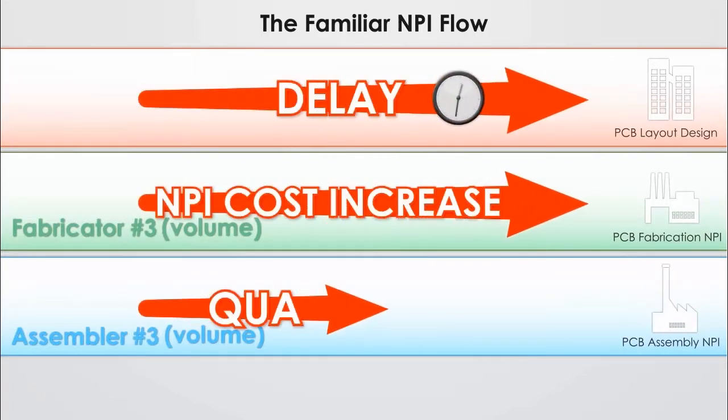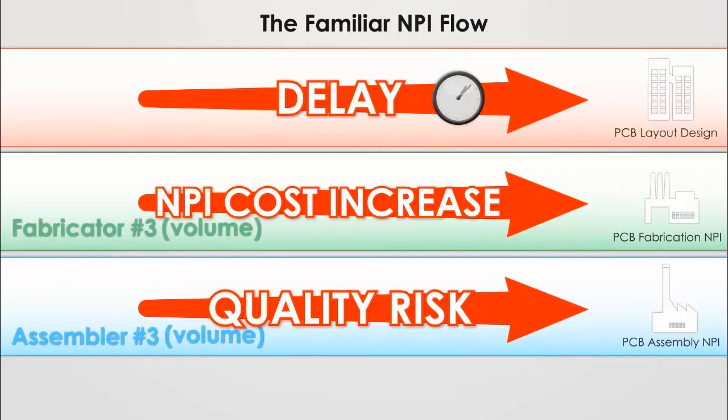The result of running such an NPI process across multiple manufacturing suppliers can be unwelcome delays and cost increases coming from the multiple clarification and engineering change cycles, made worse by the inherent quality risk associated with the extensive and inevitably variable product model reintegration work taking place across your manufacturing supply chain.